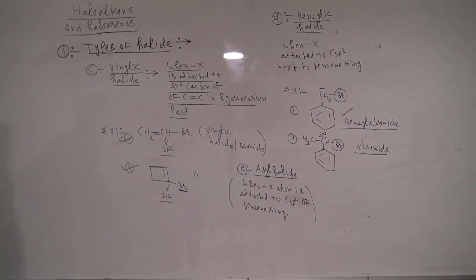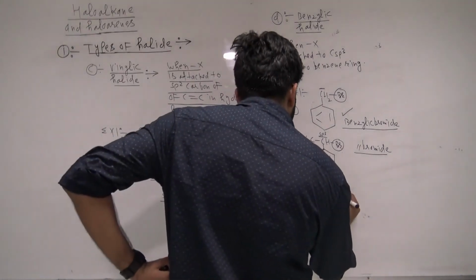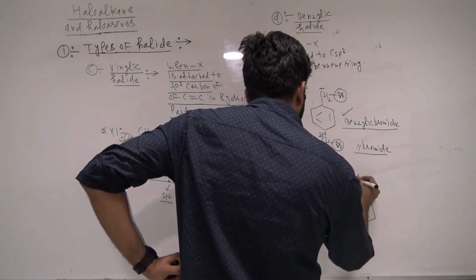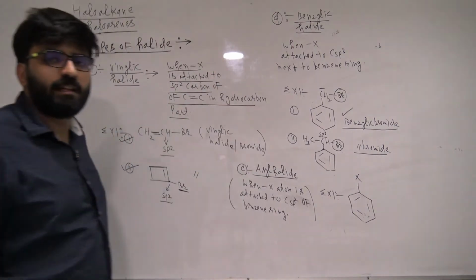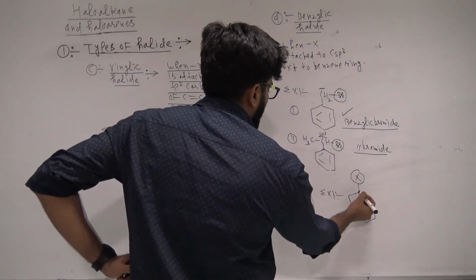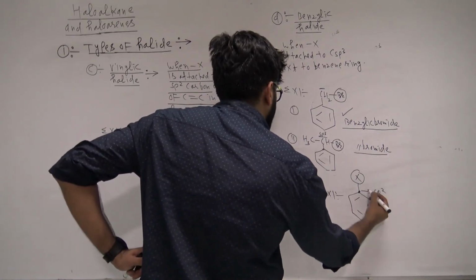I think many students still have doubt. The doubt will be like this: give us an example. The example is like this. This is your benzene and we are adding halogen. As you can see, we added halogen directly to the benzene ring. What is the hybridization? I hope my students are now comfortable with hybridization.